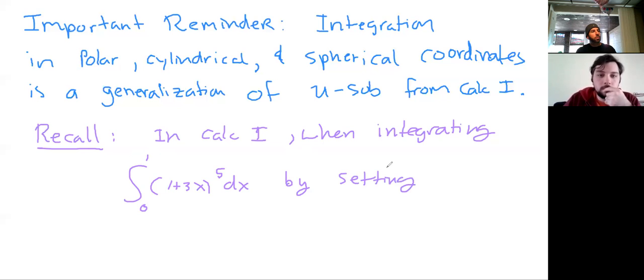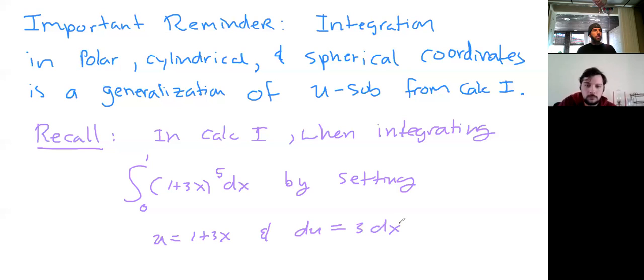In Calc 1, when we were integrating this, what we would do is we would set u equal to 1 plus 3x, and du would be 3 dx.